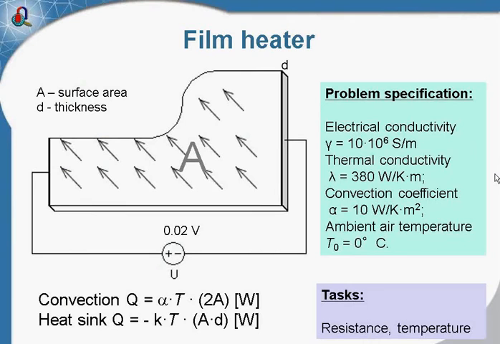This power source will depend on the temperature. And all I need to know is this coefficient that can be calculated using the convection coefficient and the thickness of the plate.